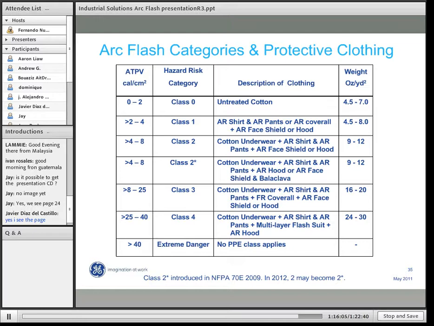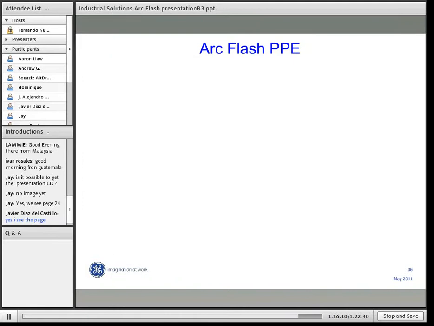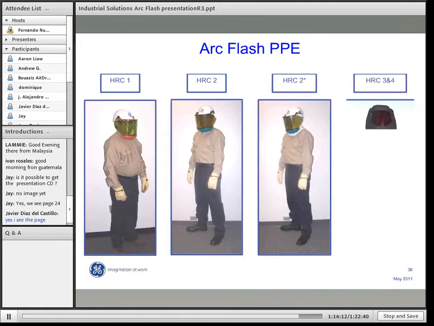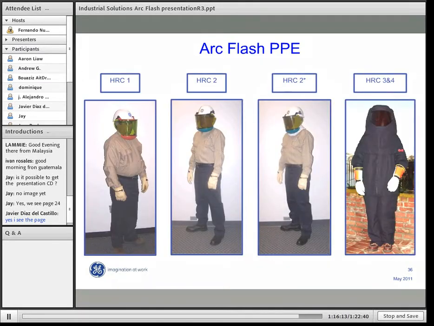And category 2 star, the difference in 2 star is that you wear the balaclava, which you can see, the little white sort of head scarf that he's wearing under his hard hat and shield. It's called a balaclava.